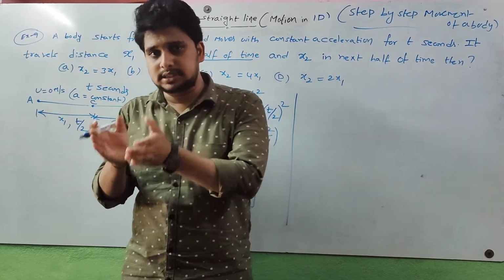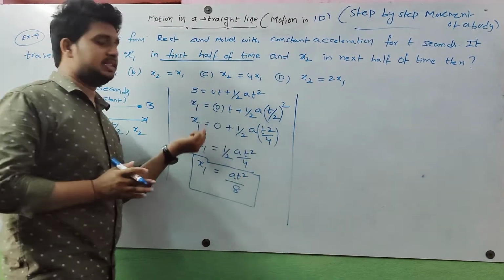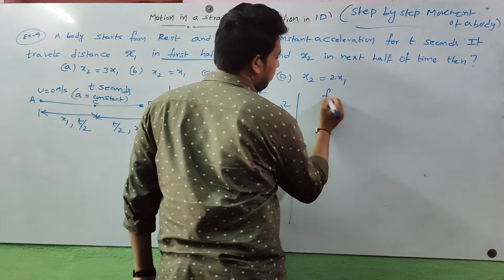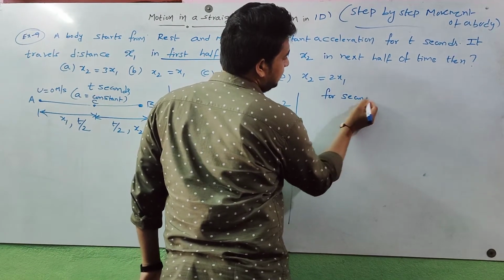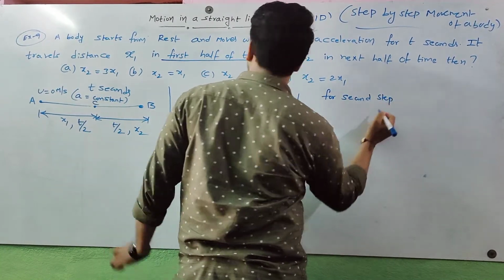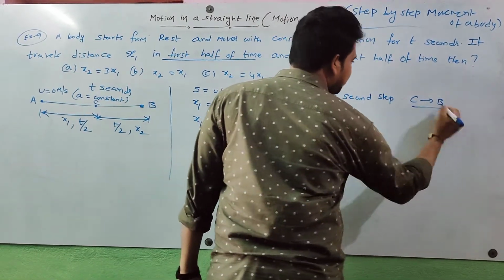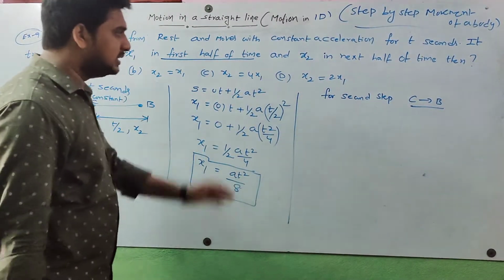For example, for the first step we take initial velocity, final velocity and distance. For the second step, it moves from C to B. This is the second step.